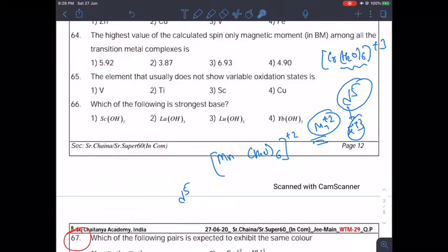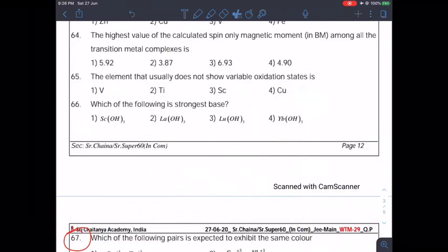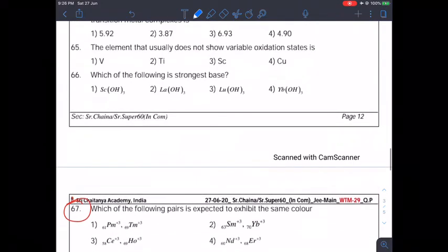Now moving to the next question, 65. The element that usually does not show variable oxidation state is.